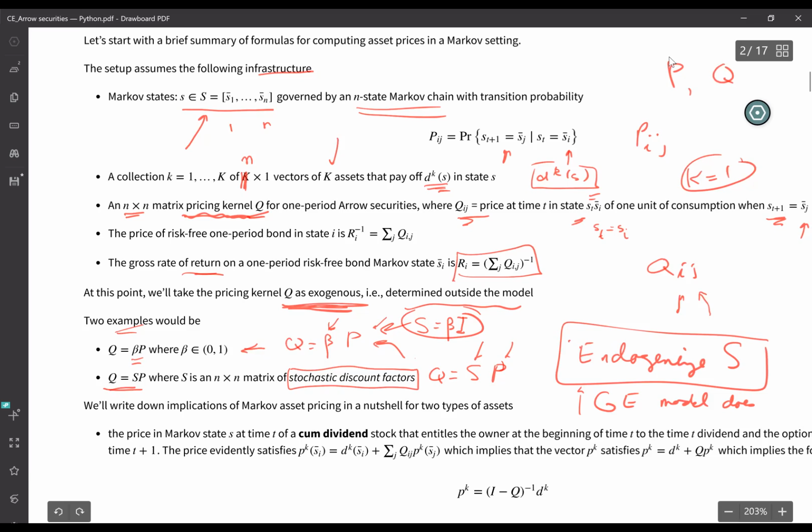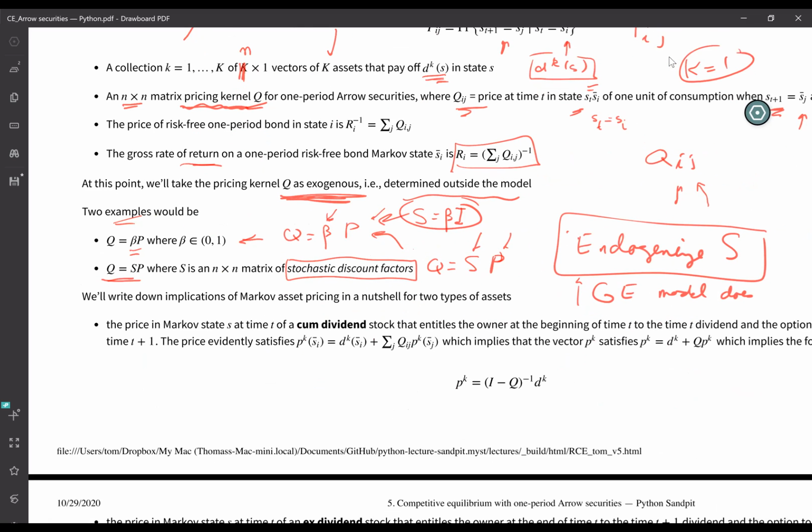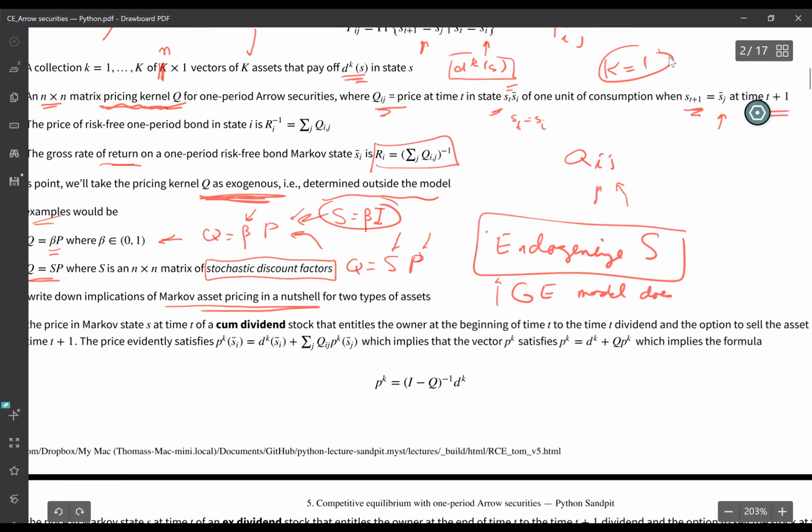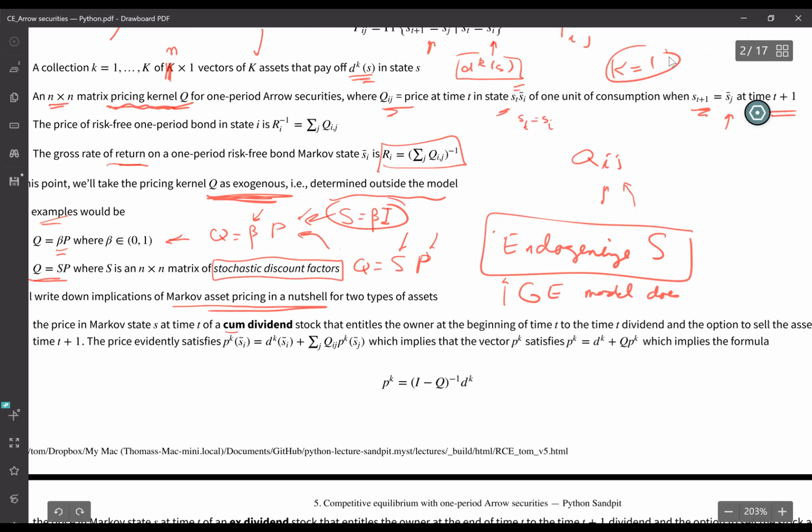Okay, to conclude our asset pricing story, let's do Markov asset pricing in a nutshell for two types of assets. There are two classical types of assets. One is a cum dividend stock.